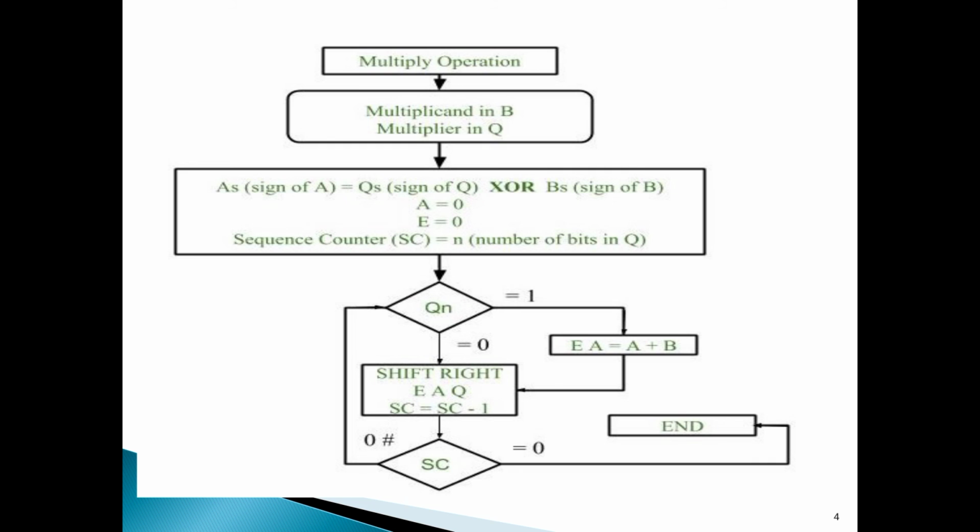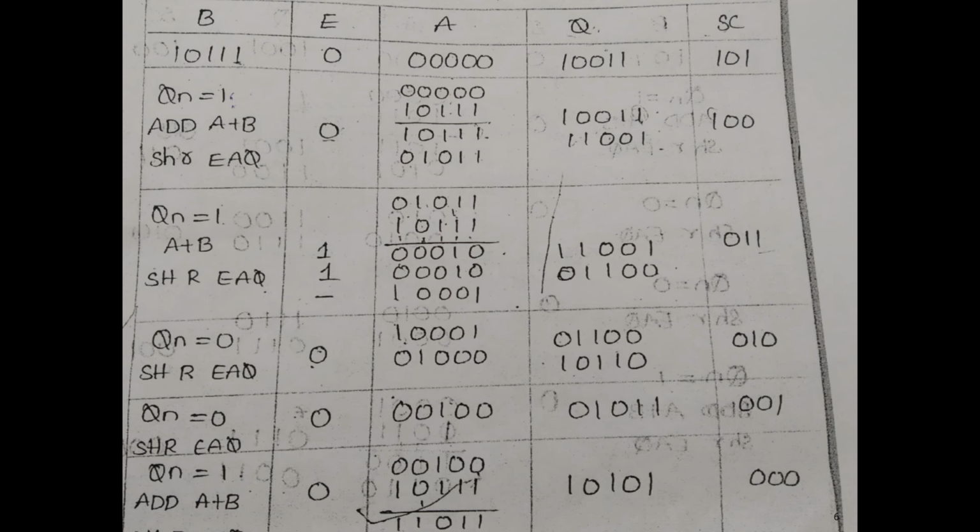Before, the sequence counter is 5. After decrementing, it is 4. This process continues until the sequence counter equals 0. Let's go to the example point of view.